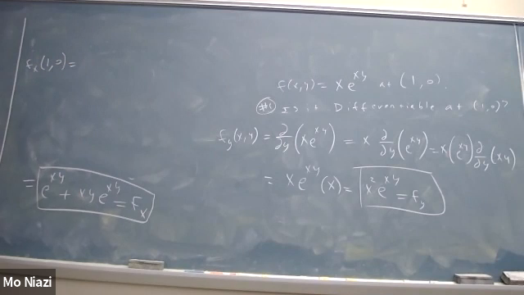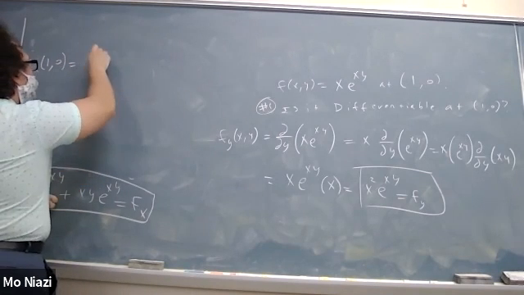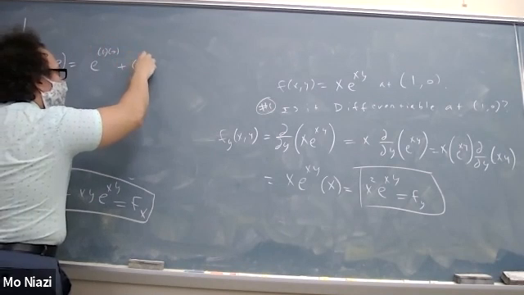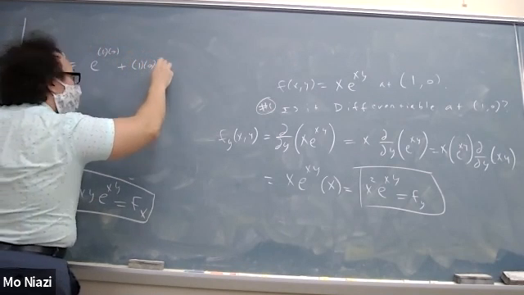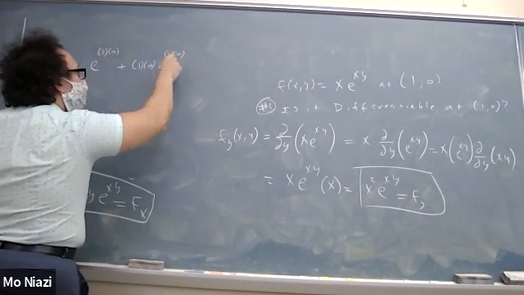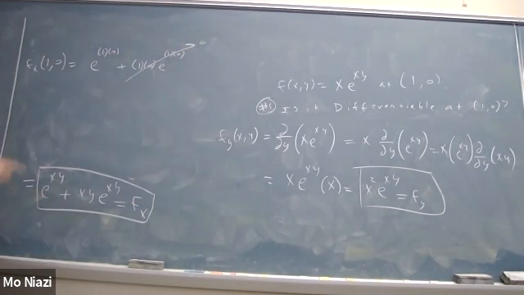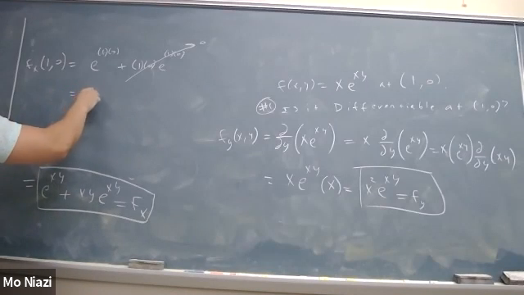So when I plug in a 1 for x and a 0 for y here, what do we get? Boom, everything's 0. And that becomes e to the 0, which is what?